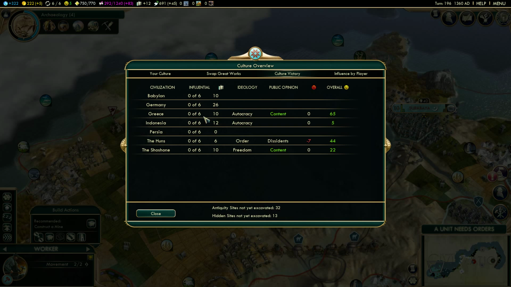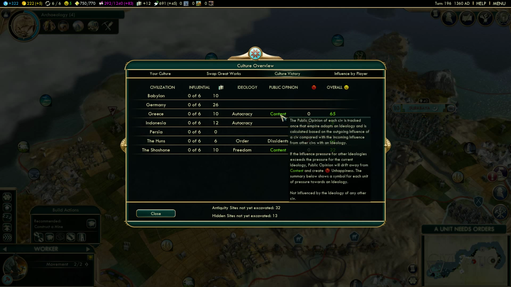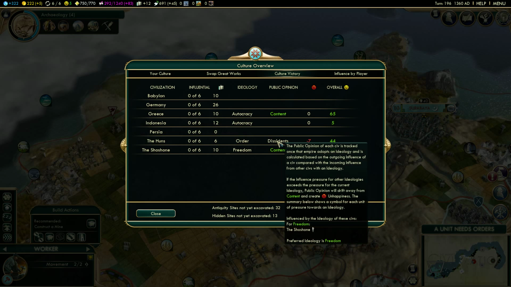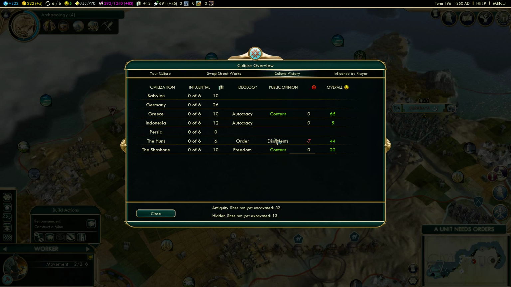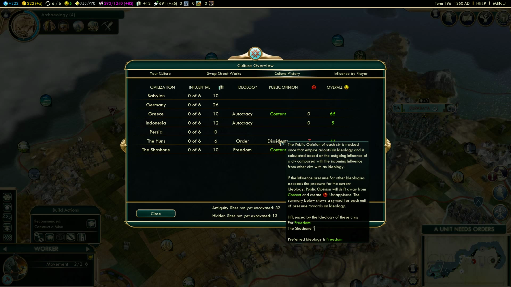Now, if your ideology is different, you will be getting these little hammers there, or torches I must say, and they indicate the amount of ideological pressure that is going on in that civilization.